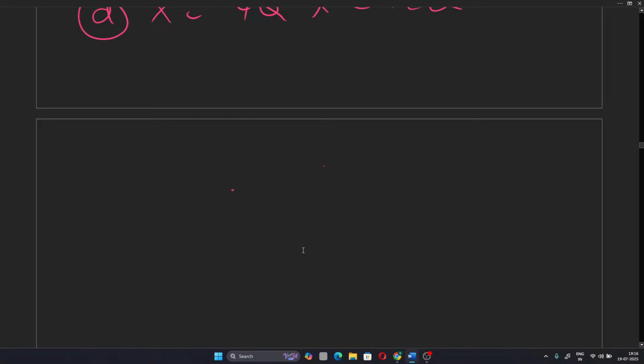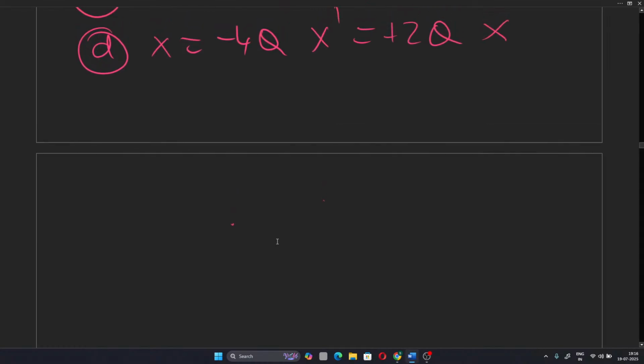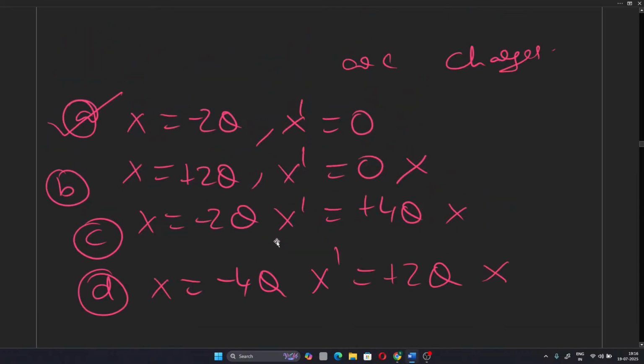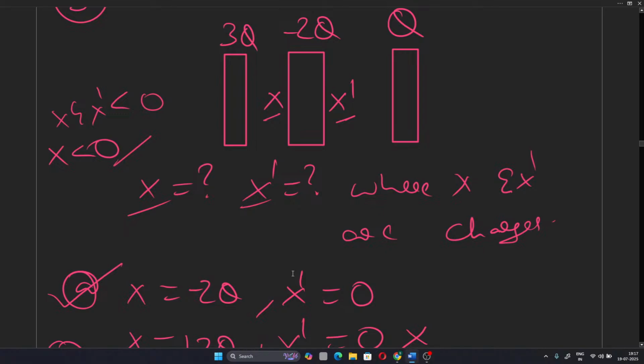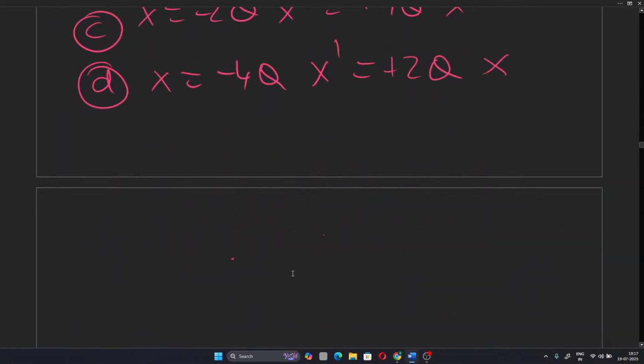And to go the other way, that is not through elimination, this question is based on the concept that the electric field inside a conductor will always be 0.